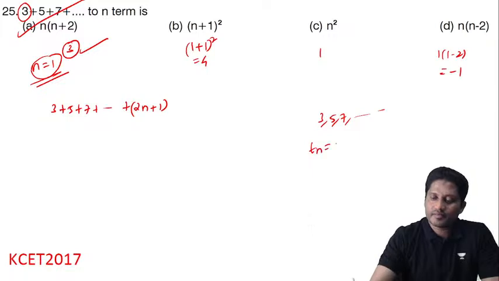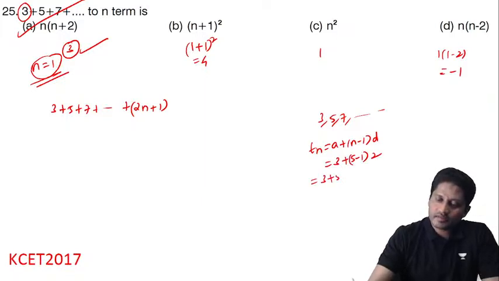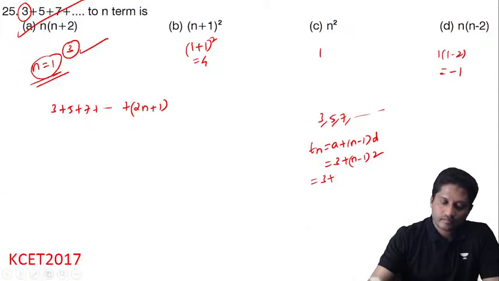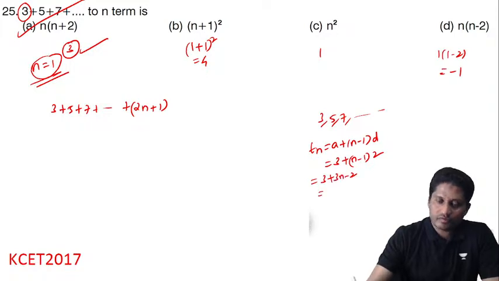Nth term of an AP is A plus n minus 1 into D, which is equal to 3 plus n minus 1 into D. Difference is 2, so 3 plus 2 into n minus 1, which gives 2n plus 1 as the nth term.